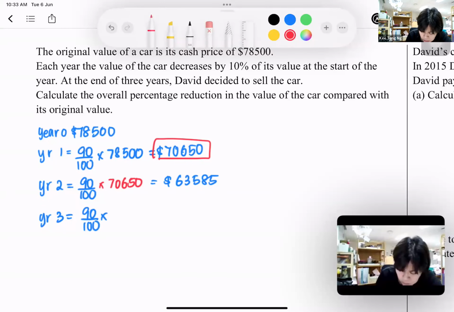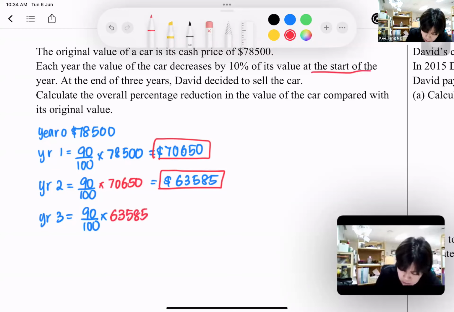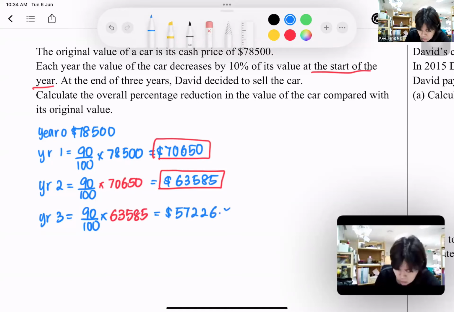I'm left with 90% again, but again this is the new value, because it says the value at the start of the year. So this value now times 90 over 100 gives me 57226.50.